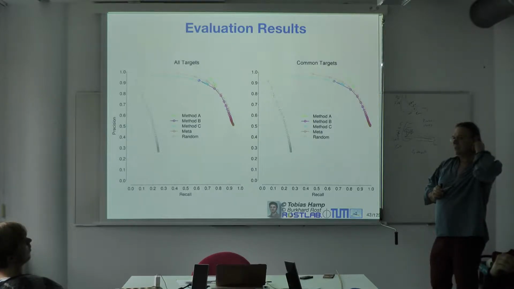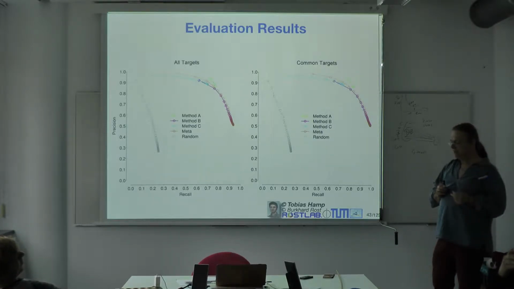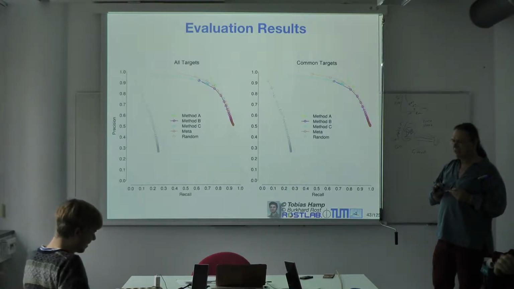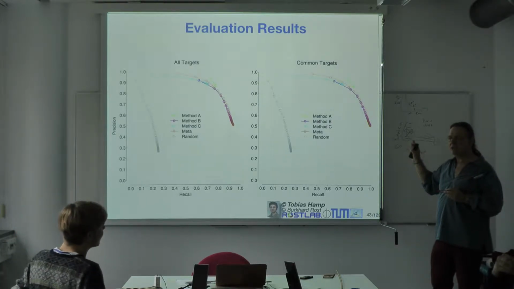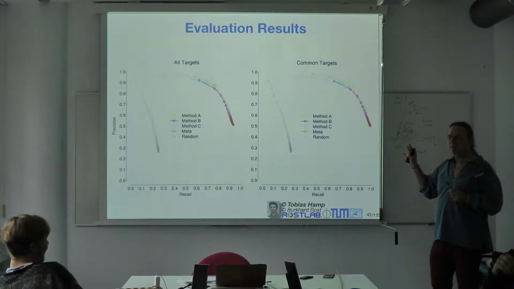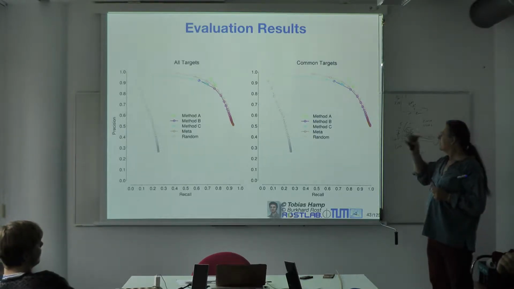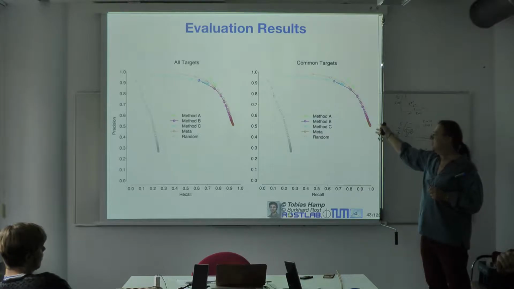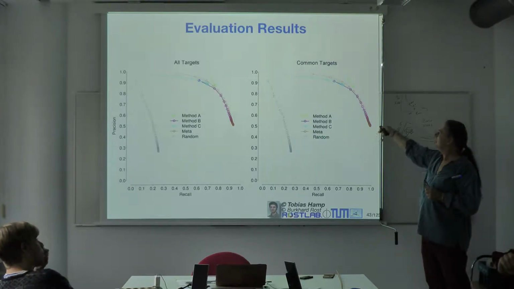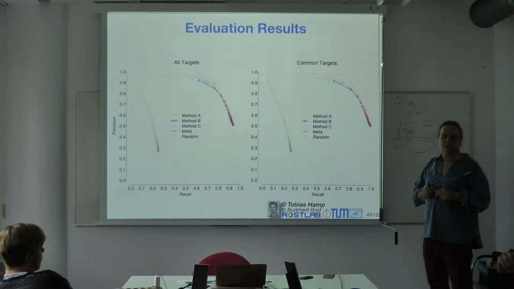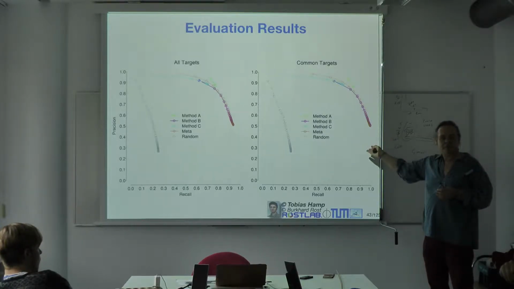Actually, okay, I'm sorry, I have to step back, because I misled you by saying the simplest thing. It is not simple. The simple things all didn't work. The simplest thing is what we tried. So this method meta here already used some machine learning. But it's simple in the sense that all it uses is the input of the other methods.